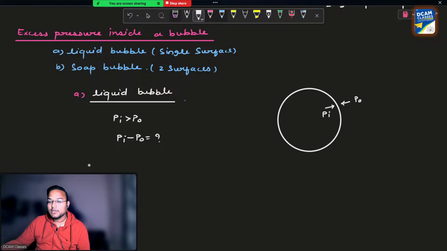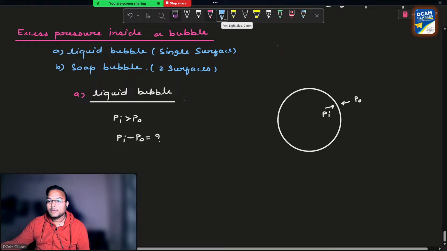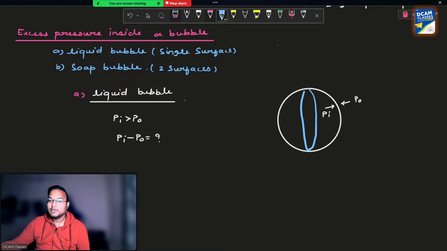How do we do it? We take the help of surface tension. I'll make a section, drawn in such a way that it shows the cross section of this bubble.